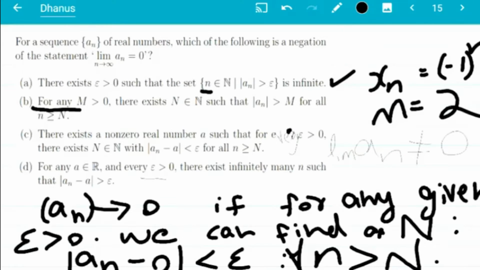The complement is true. That is, an is not a convergent sequence. This says that an is not a convergent sequence.